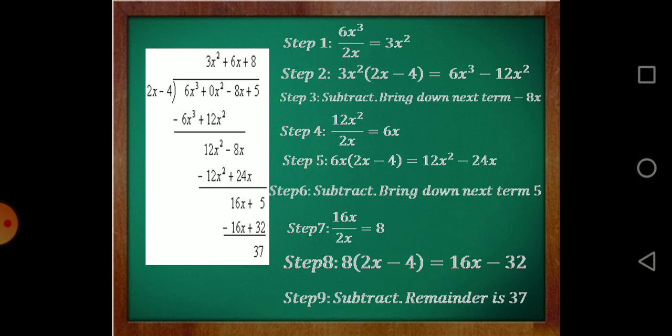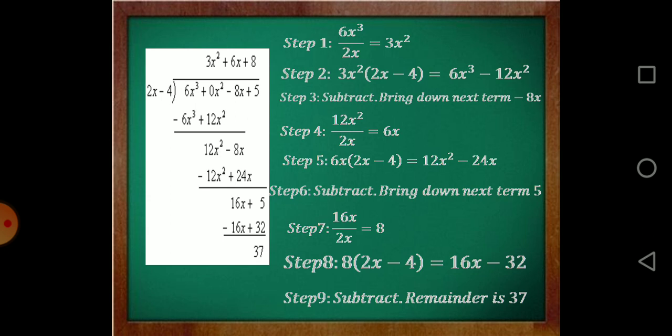Again this is to be subtracted from the terms in the dividend. Because we are subtracting, I am changing the signs and writing. Instead of plus 16x, I am writing minus 16x. Instead of minus 32, I am writing plus 32. That is, again 16x and minus 16x get cancelled. And 5 plus 32 gives 37.